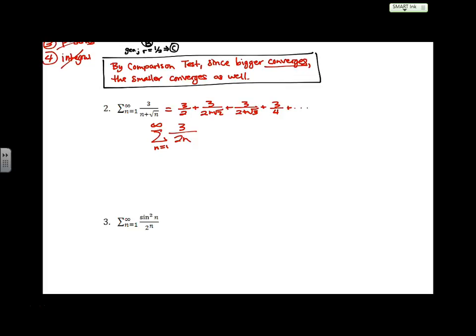Alright, so if we have 3 over 2n, how does that compare to our series that we're checking out right now? It's going to be smaller. Why? Because the denominator is bigger. Why am I putting or equal to? Hold on, check it.